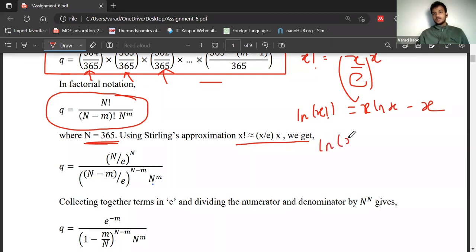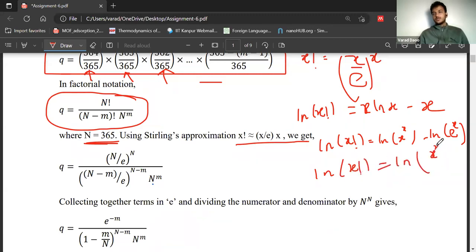So we write it like ln x factorial is nothing but ln of x to the power x minus ln of e to the power x, right? That means ln of x factorial is nothing but ln of x to the power x by e to the power x. That means x factorial is nothing but x to the power x by e to the power x, which is nothing but (x by e) whole to the power x, right?